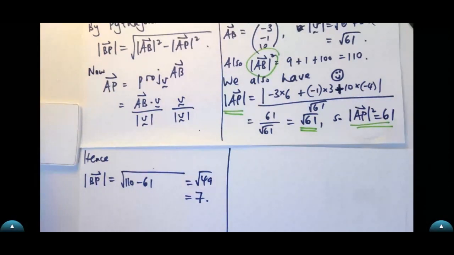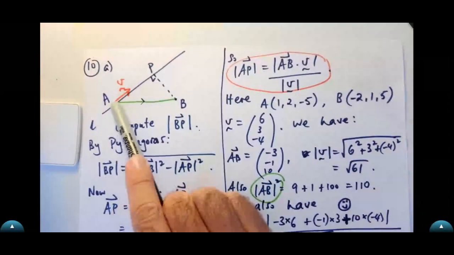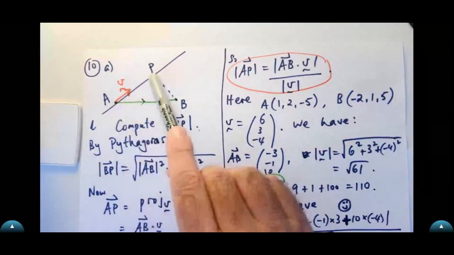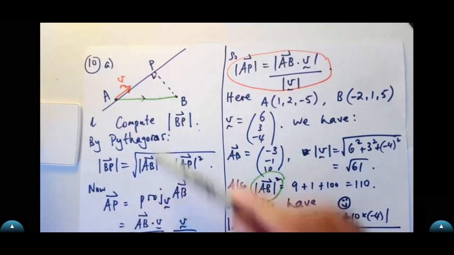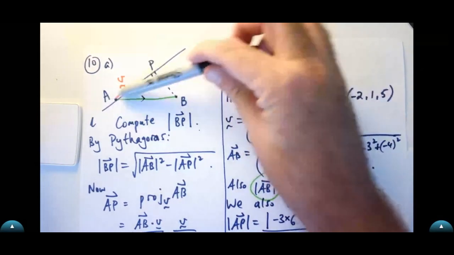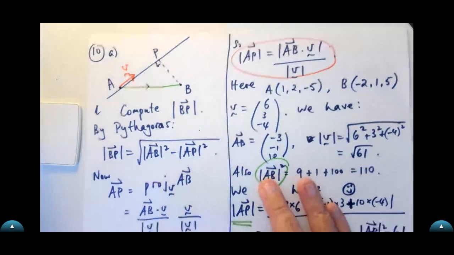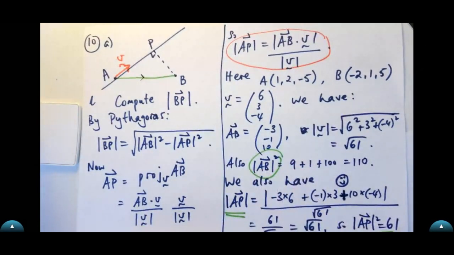If I was to go back to the next question, I won't do it, but let me just discuss it with you. Sichuan, you don't understand the length of AP. The vector AP is just the projection of this vector on this vector. That's how we geometrically define it. Hey, Floyd, welcome.